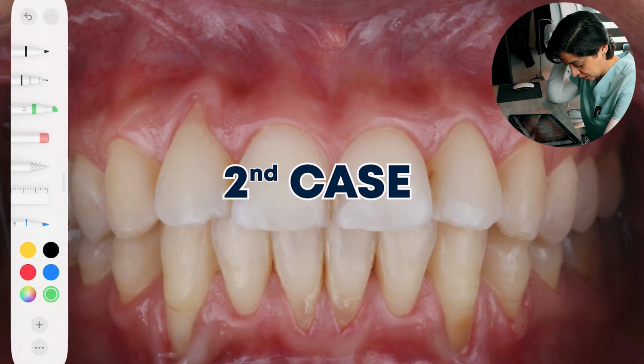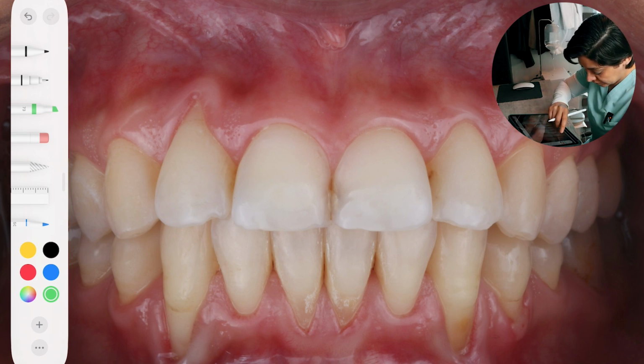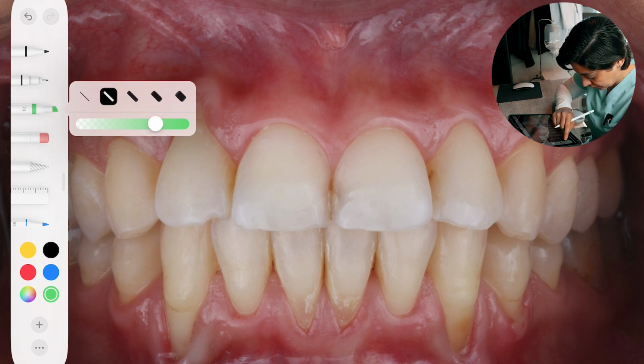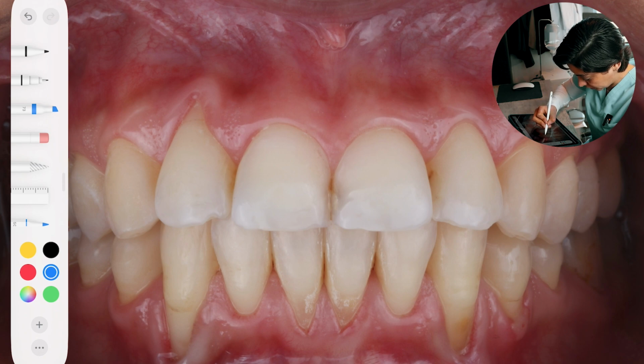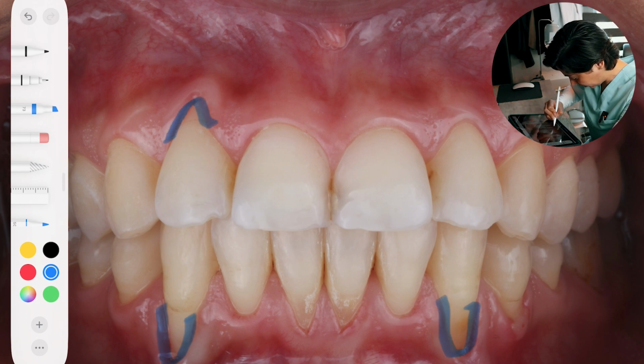With this patient, she came to us referring a lot of sensitivity around teeth that roots are getting exposed. So if we look at this case, we see same problem, gum recession here, gum recession here, gum recession here, here, and here.